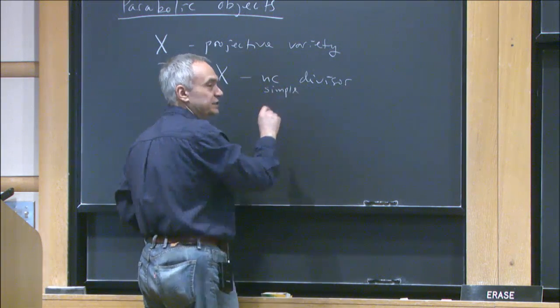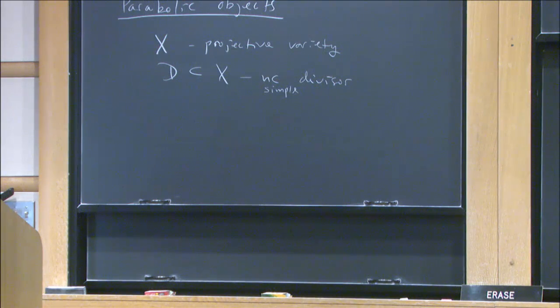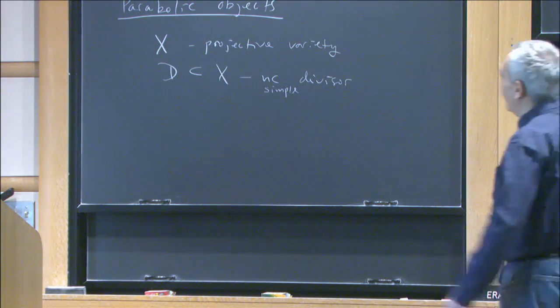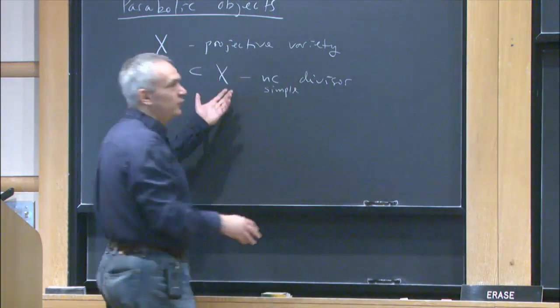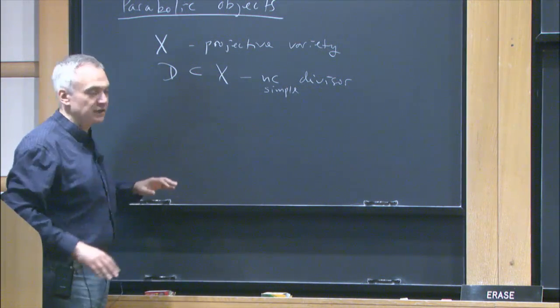In fact, I'm going to assume it's strict. So simple means that there are no self-intersections of components, that the normalization is the normalization, that each component is smooth, and strict would mean that there are no multiplicities. But in fact, at some point there will be multiplicities.